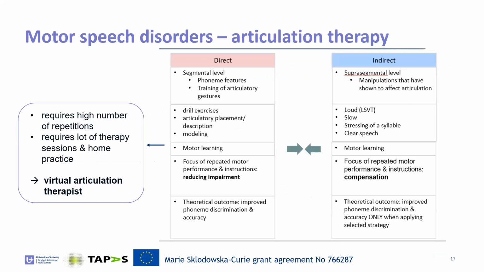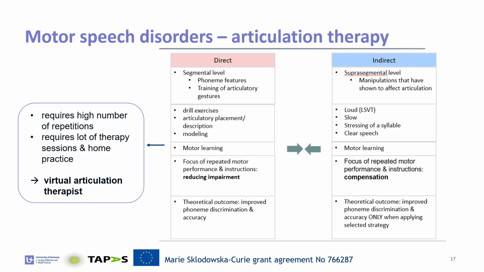Now, we can either approach articulation indirectly by suprasegmental approaches, like speaking louder, or you can target it directly. And then you are really going to try to make a change in the physiology. And that actually requires a lot of intensive exercises, and we call them drill exercises. You let the patient repeat and repeat and repeat the target words one after another with feedback.